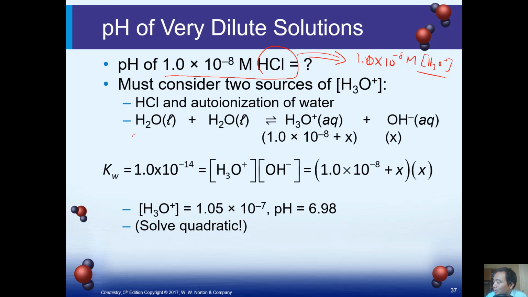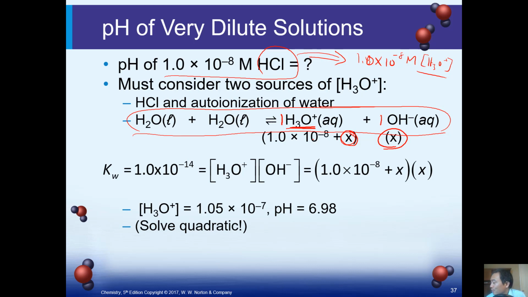Now for the water ionization, you will have to consider the equilibrium. How much is generated? So we assume X of hydronium ion is generated. Remember, hydronium ion and hydroxide is a 1:1 ratio. That's why you will have X, which is exactly the same amount of hydronium generated from the autoionization.